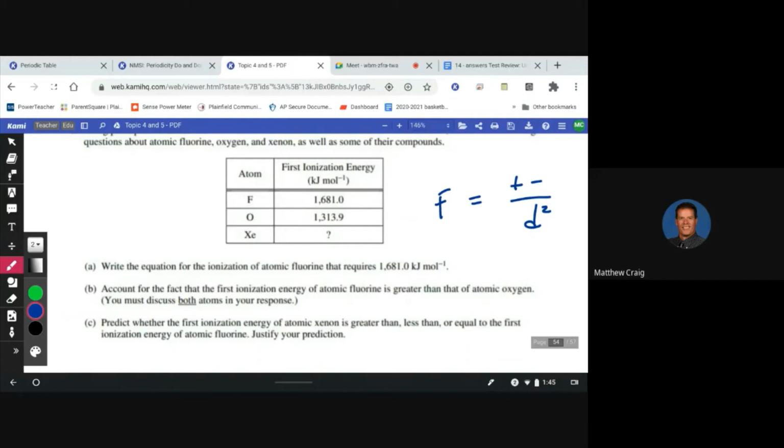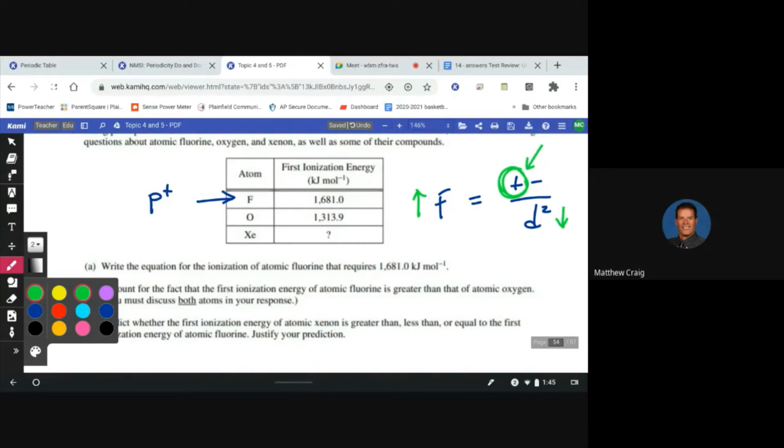So we have more protons in the fluorine than we do with the oxygen. Therefore, the force of attraction is greater because the distance is smaller. Or you could focus on the proton in addition to that.